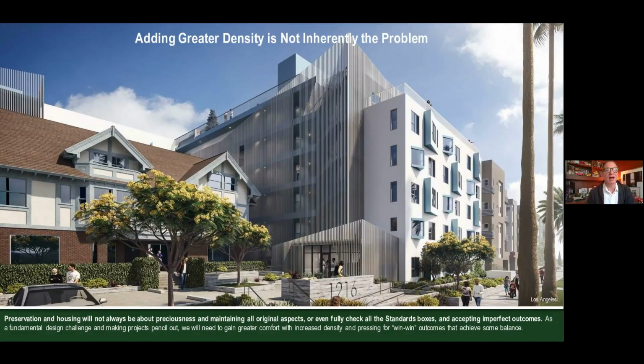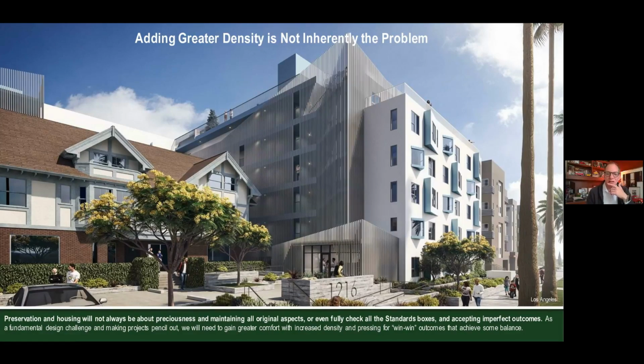Having said that, as Sarah was talking about around the standards, we probably need more flexibility and also to be open to things that are less perfect when we're talking about adding housing. We are certainly confronting this, and what we may accept in Los Angeles may not be the right thing to accept in Cleveland or in Miami. Every city has to figure out what a win-win looks like.